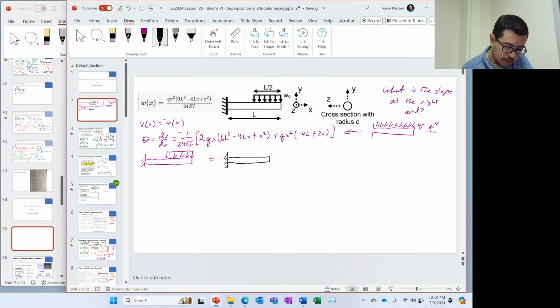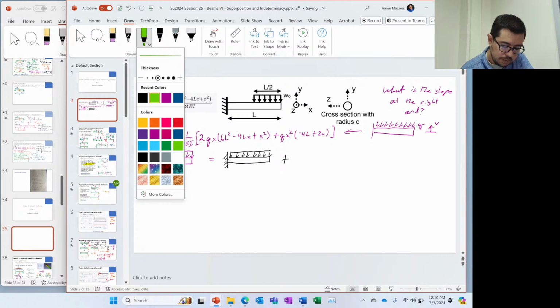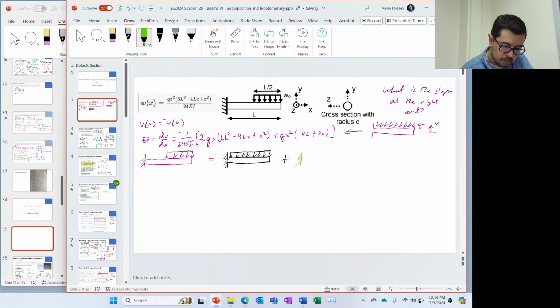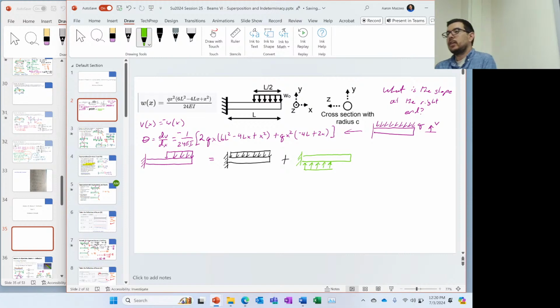Okay, so this is not too revolutionary because that's the equation plus this. Okay, do you see this? All right.